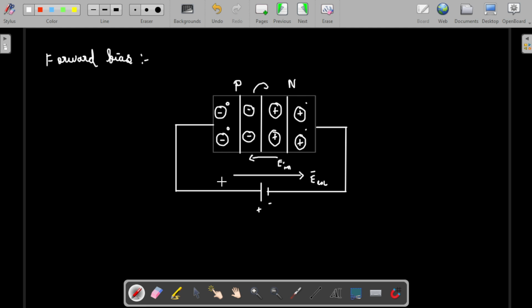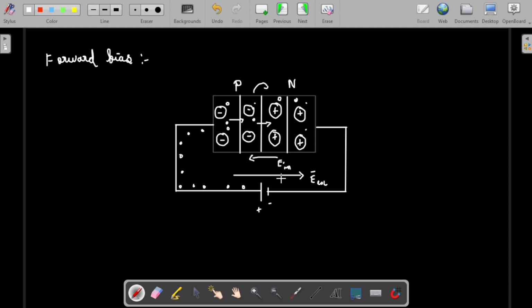So then what will happen? More holes will be pumped to this side because of the external battery supply. So they will come here. More holes will come here and fill this region again, and more holes will be pumped. Those holes will diffuse to this side and neutralize this region.